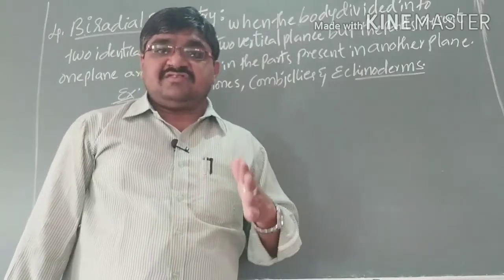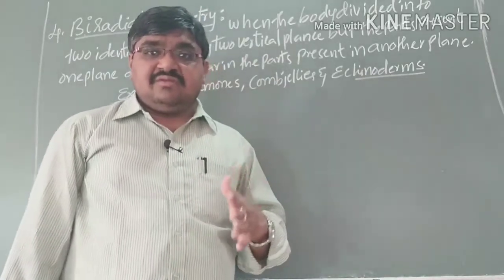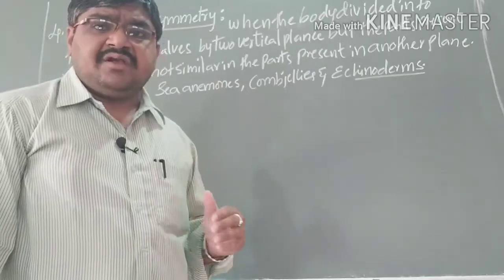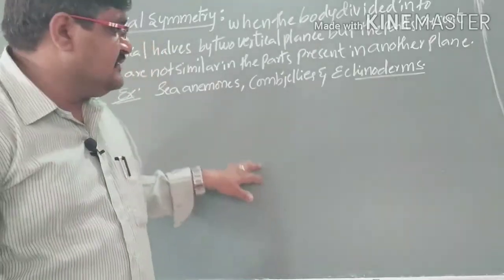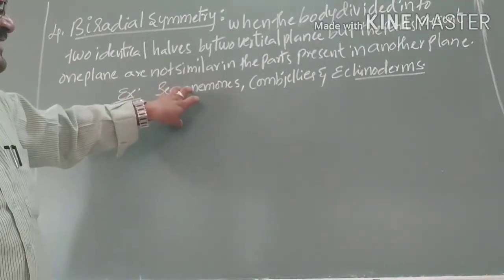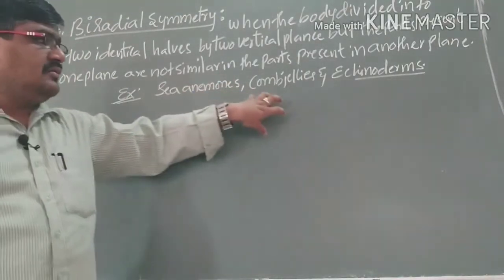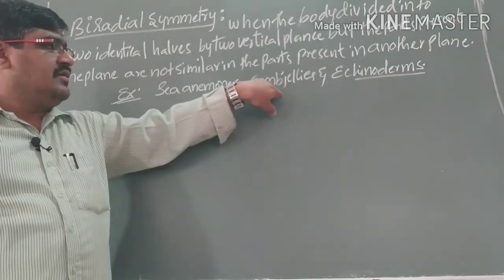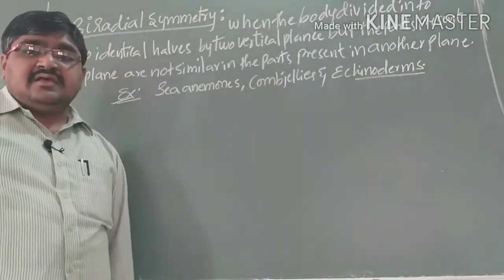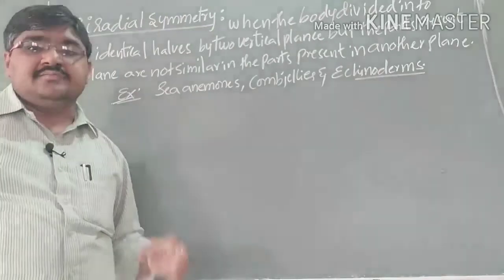In any one of these stages where these two symmetries are present, we call it biradial symmetry, seen in sea anemones, comb jellies, and echinoderms.